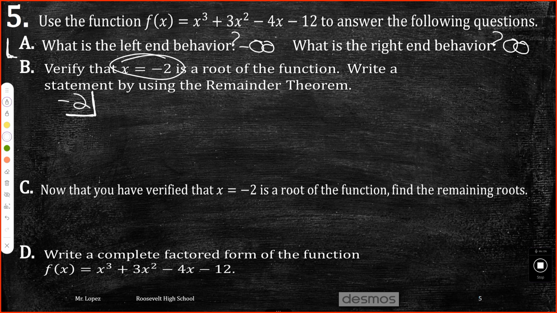Then the numbers that go after are 1, 3, negative 4, negative 12. And how does it go? Bring the 1 to the bottom of the baseline. Then negative 2 times 1 is negative 2. Plus 1.